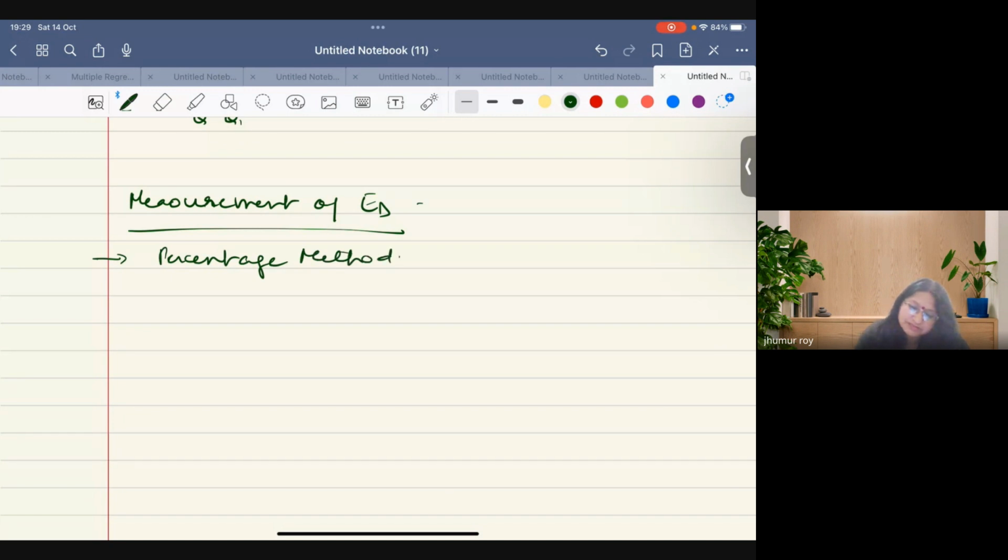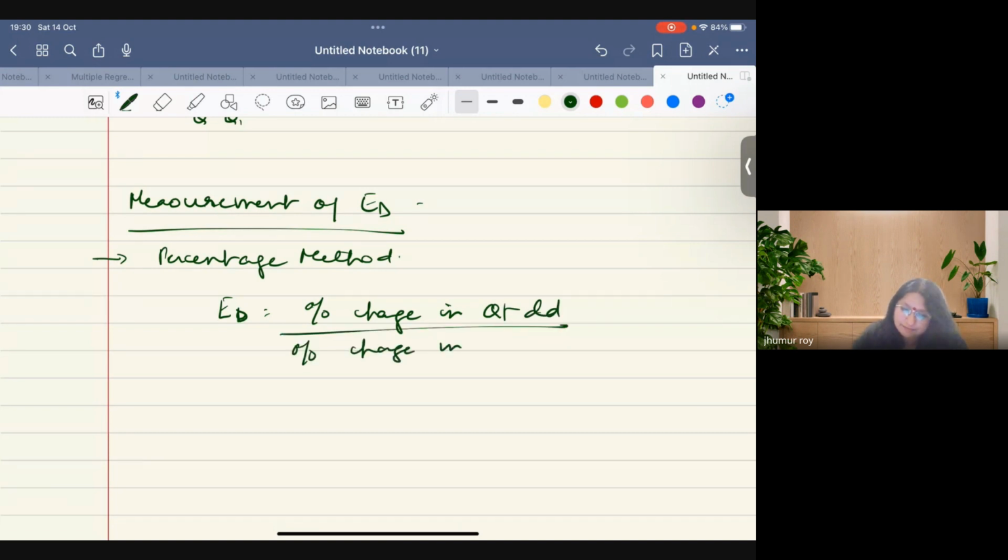So what is the percentage method? It is what we have written earlier. It is percentage change in quantity demanded upon percentage change in price.